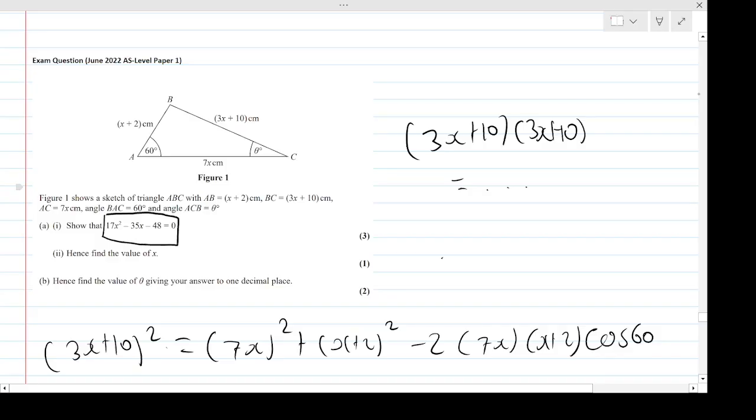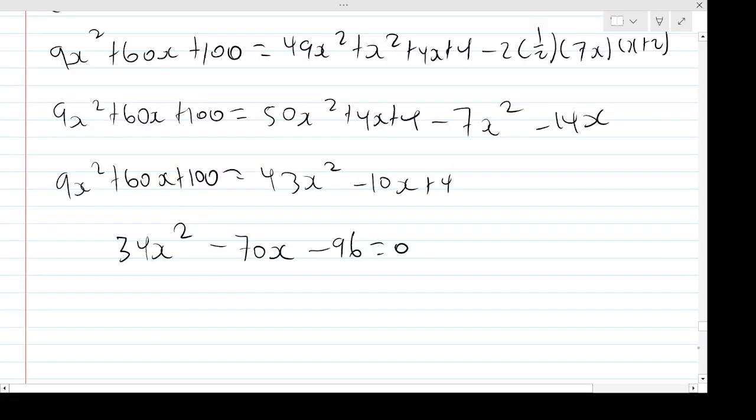Oh, no, not quite. But I notice that I have 17x squared there as the coefficient for x squared. So that's 17x squared. I've got 34. Well, actually, I noticed that I can divide by 2, right? Because then 34 divided by 17 is 2. So if I divide everything by 2, 34 divided by 2 is 17x squared.